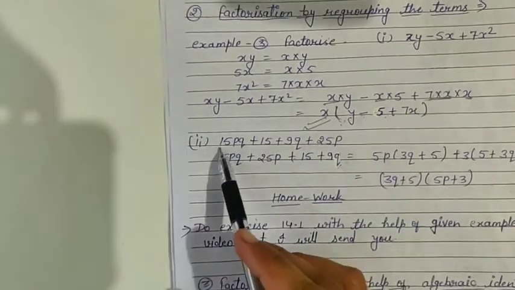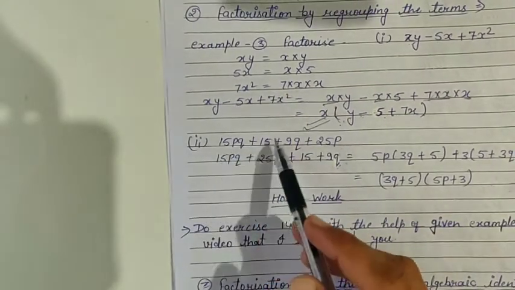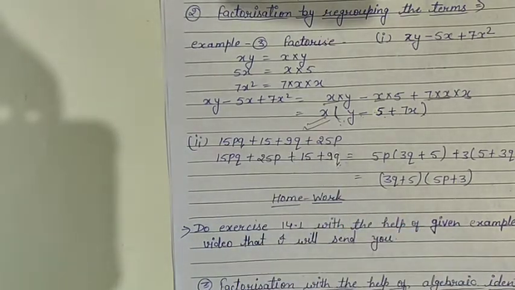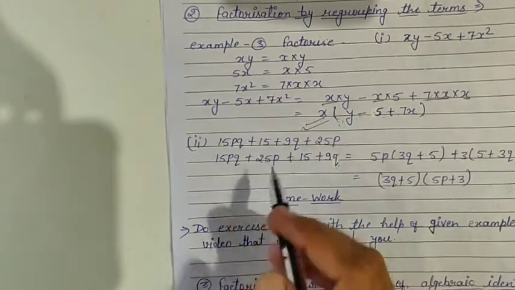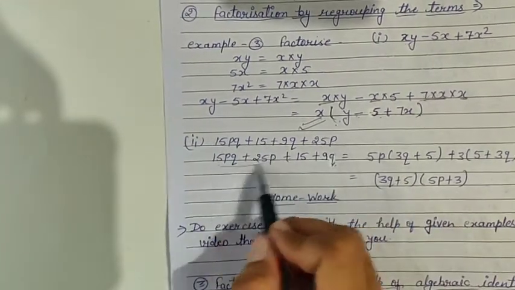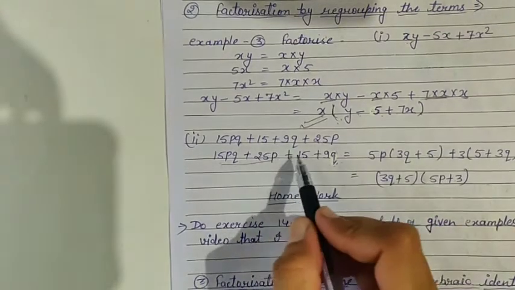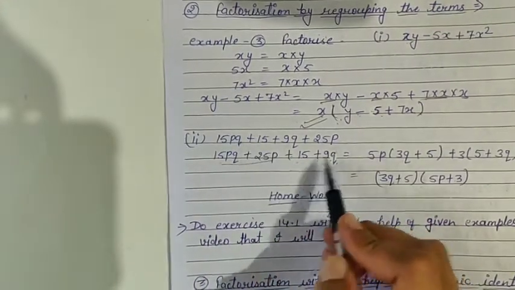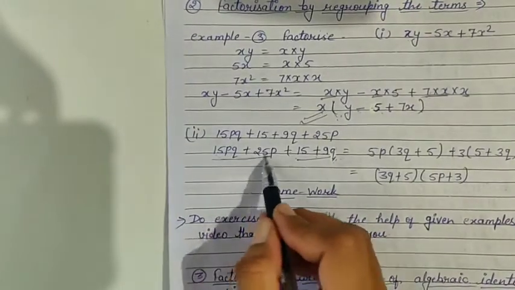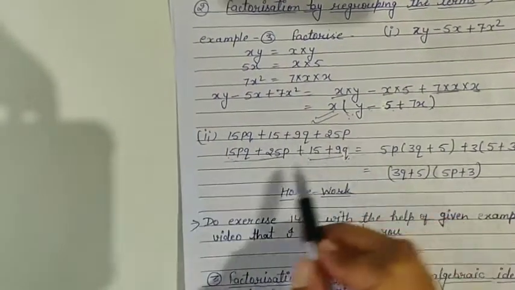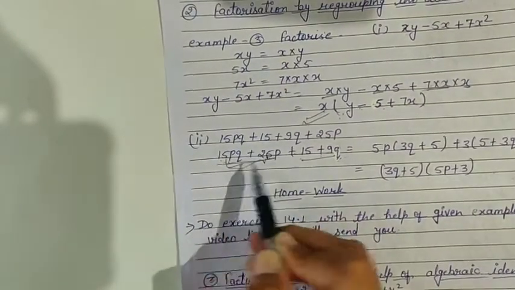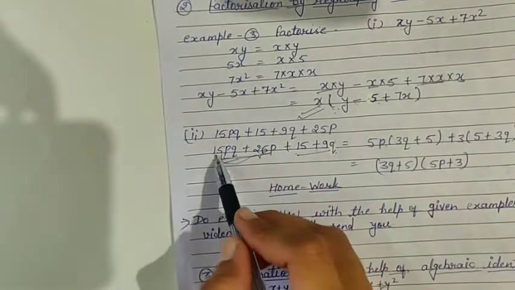Now the second example is 15pq plus 15 plus 9q plus 25p. When we take 15pq and 25p together, then 5p is the same thing in these two terms. So 5p is common, then what will remain?